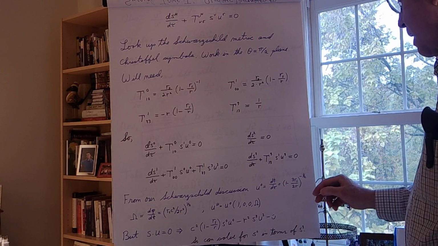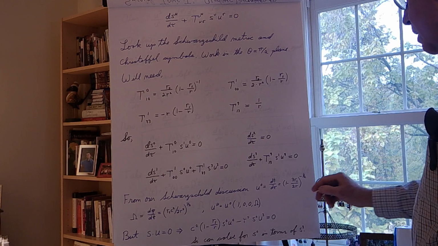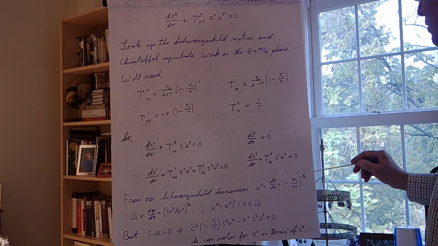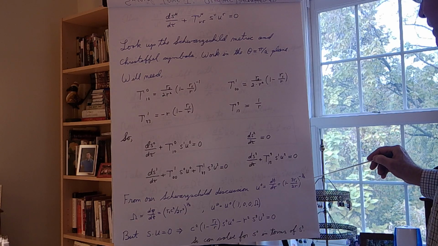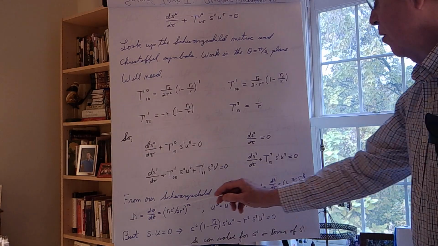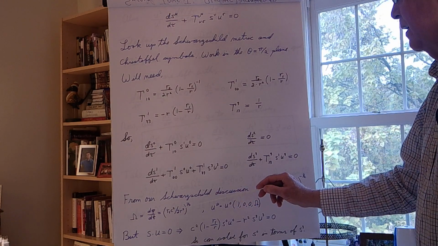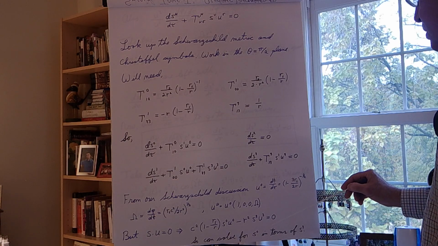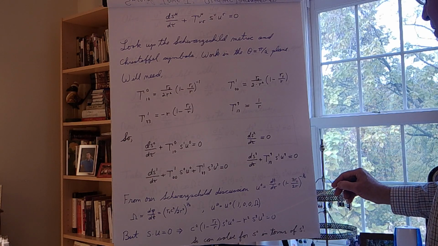Okay, well, good. So I'm given u naught, right? That's given. I'm in the Schwarzschild environment, so I know dt by d tau is this formula as a function of r. Okay, that's done. I know omega, d phi by dt, is a function of r. It's fixed, and so that's given as well.